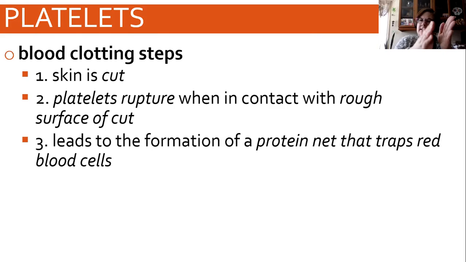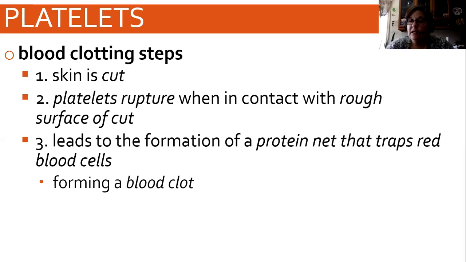And what happens is these chemicals cause this series of events. Remember I said it's like lots and lots of steps in blood clotting? Eventually what happens is we get this protein produced that kind of forms all of this fiber. And that fiber all forms over the space where this cut is in the blood vessel. And it's got this nice net, and that net will trap our red blood cells.